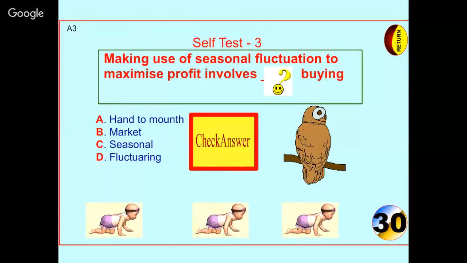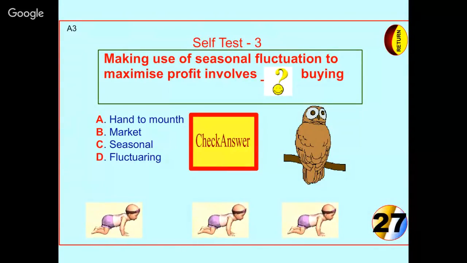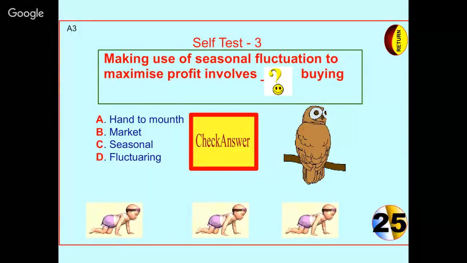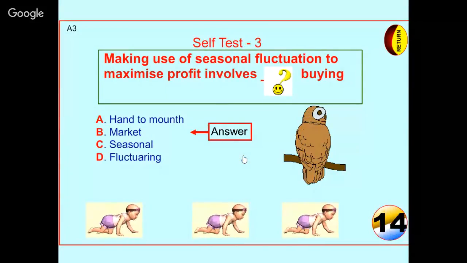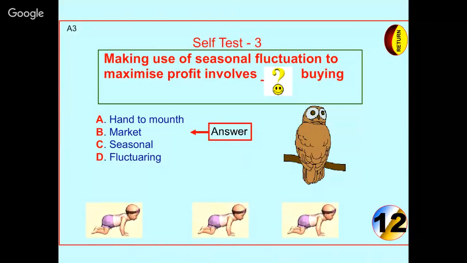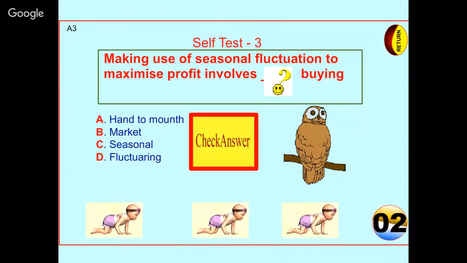Time is running out. Yes, the right answer is market buying. That means analyzing the market trend for seasonal fluctuations involves market buying.